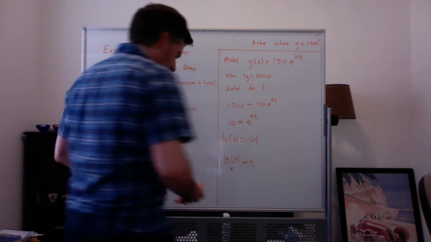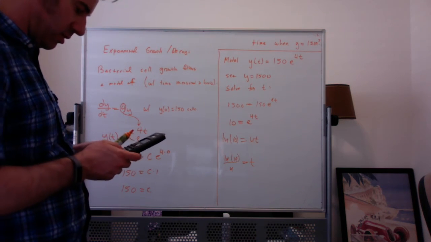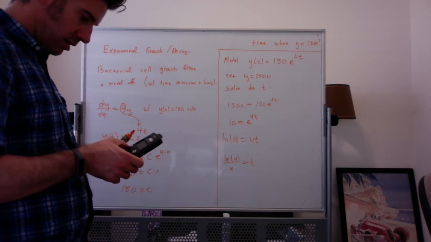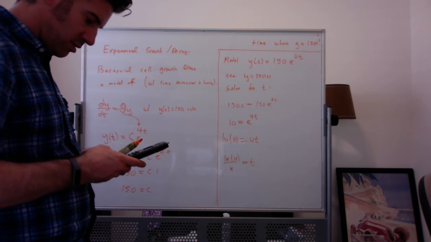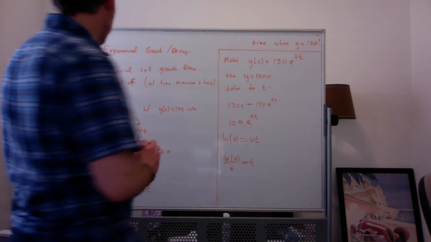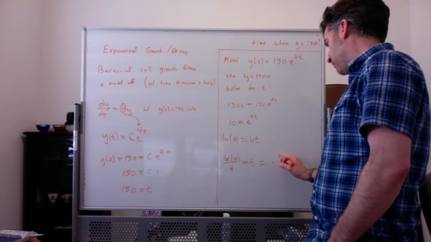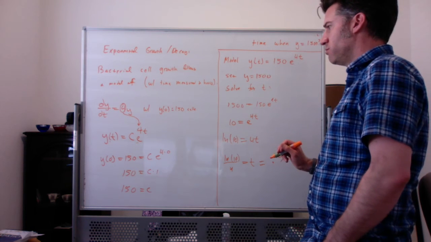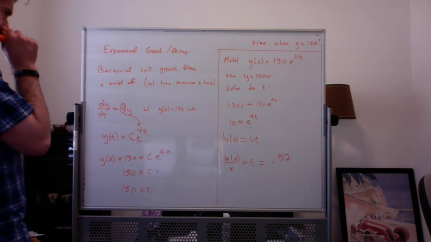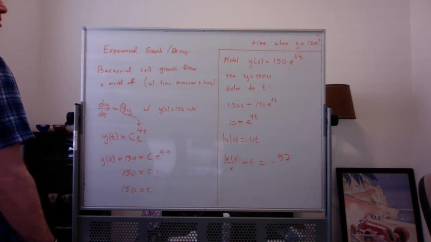I would leave my answer like that if I was just doing work, but if I actually want to know what that is, let's see. Natural log of 10 divided by 4 is 0.57. So it's going to be 0.57 hours, which seems wrong, I gotta say.